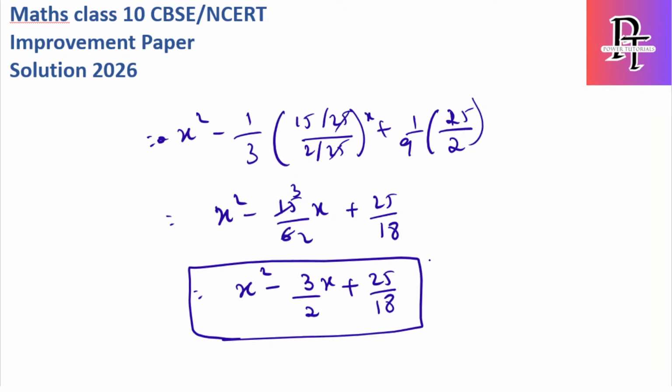You can also change it by simply multiplying by 18, because this quadratic equation is equal to 0 anyway. So I can get 18x square minus 27x plus 25 is equal to 0. This is also a right answer.